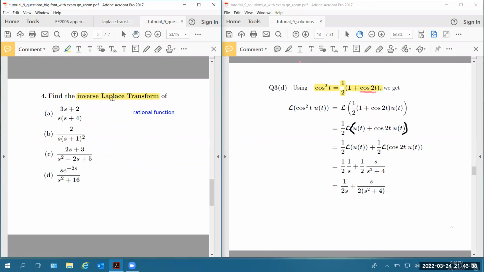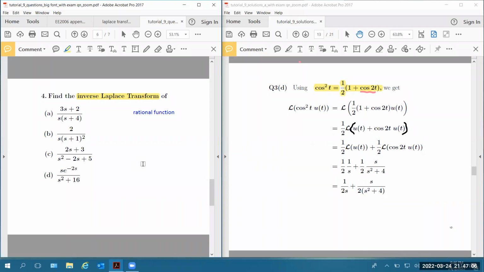As I mentioned, A, B, C are all rational functions. Now for rational functions, you want to do the inverse Laplace transform. Actually, we have plan A, plan B in our lecture notes. I don't know whether you all know or not. Can you tell me what is plan A?